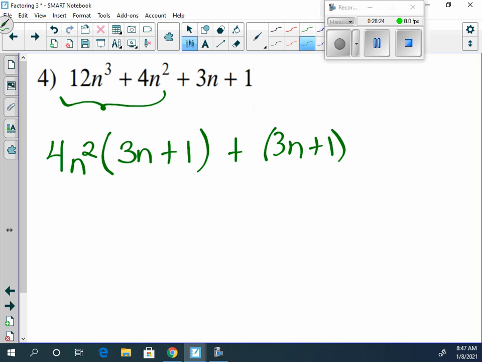I mean, I could put parentheses around it because we can see that when we factored out 4n squared, we're left with 3n plus 1. Well, the other two terms are already 3n plus 1, yes? So we don't have to do anything to it because, well, these two already match. So when we factor this out, what's left over?